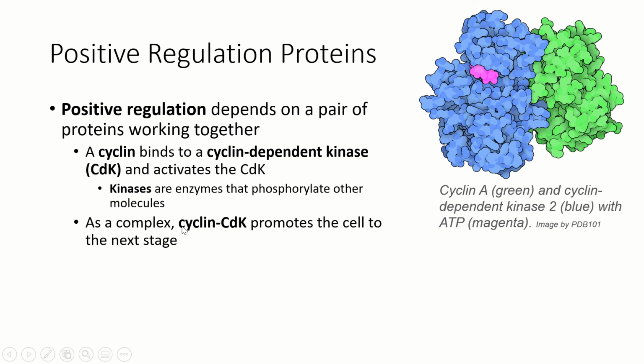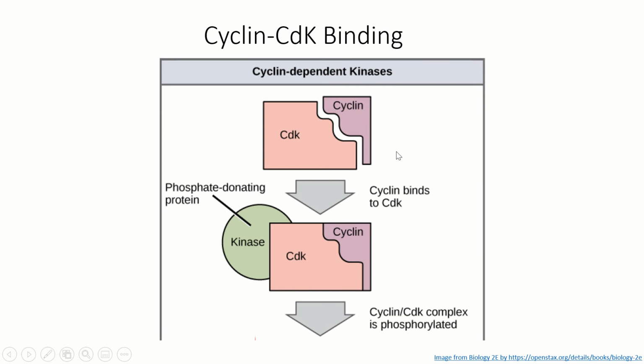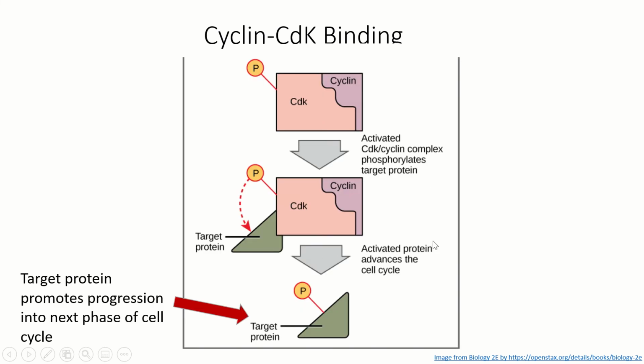Together we call this a cyclin-CDK complex. All right, so this is what it looks like. Here's this cyclin-dependent kinase. Here's the cyclin hanging out, waiting for a kinase to come bind to it. They bind together, and then the kinase binds and transfers a phosphorus. Now, the cyclin-dependent kinase can transfer that phosphorus to another target protein.